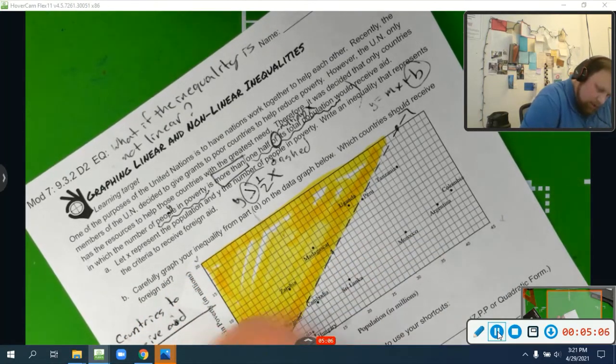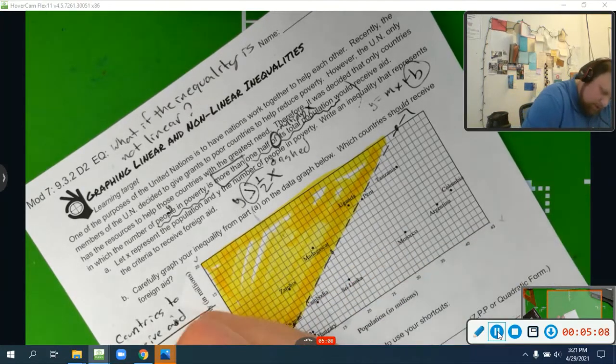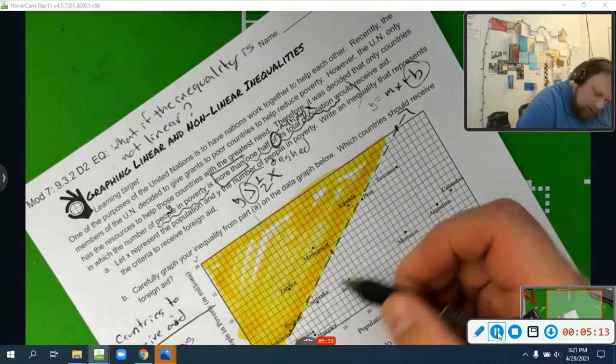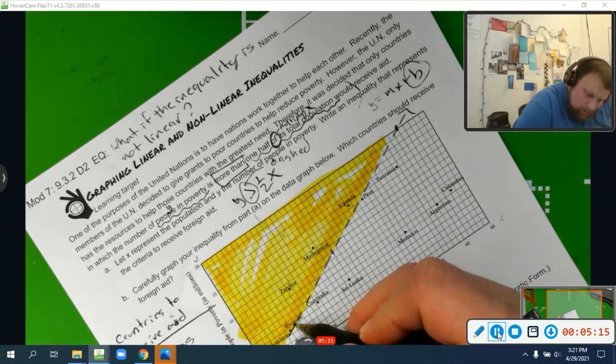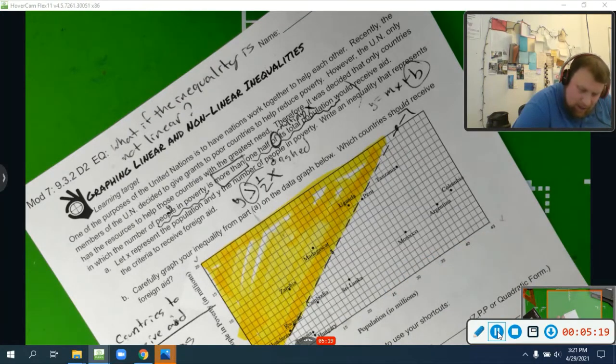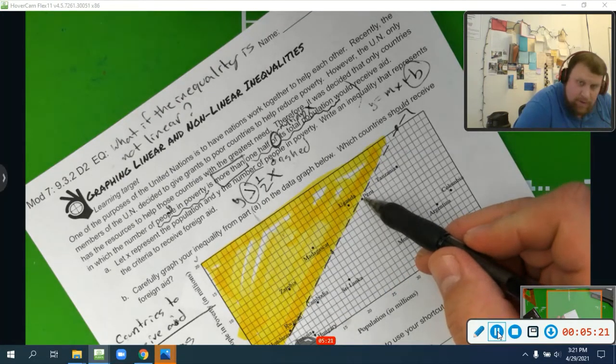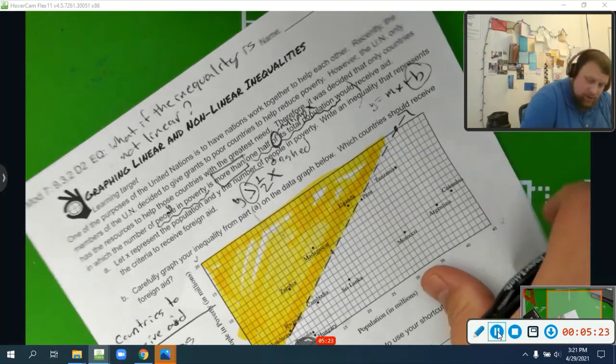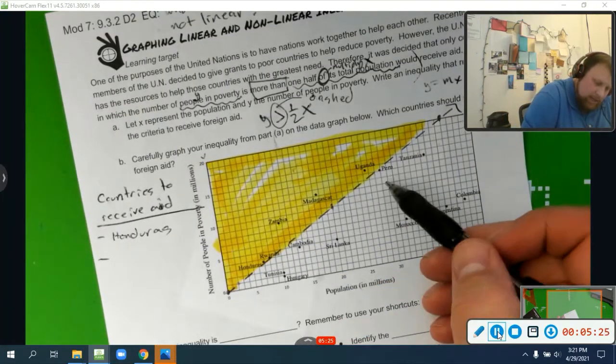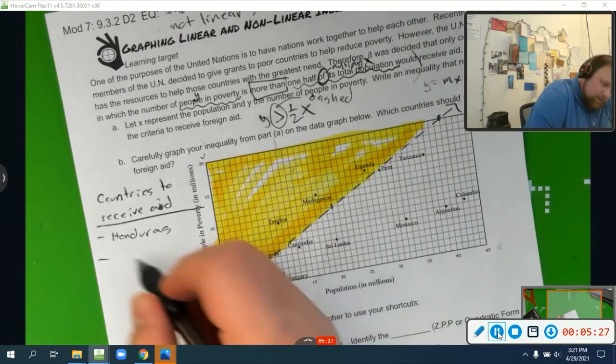Let's see. We're going to get, how about Honduras? That looks like it, Honduras. Anything else? Look at Rwanda, except Rwanda's right on that line. I'm not going to count it, guys. It's on that line. Same thing up here with Peru. It's either on or under that line. So that's not going to count because on the line doesn't count. It has to be above it. So that leaves Zambia.